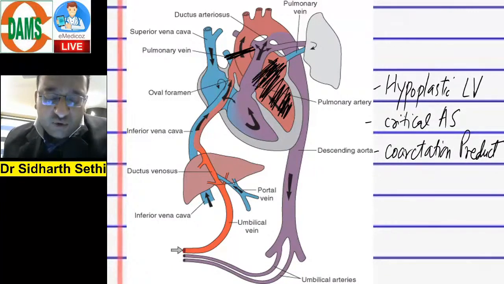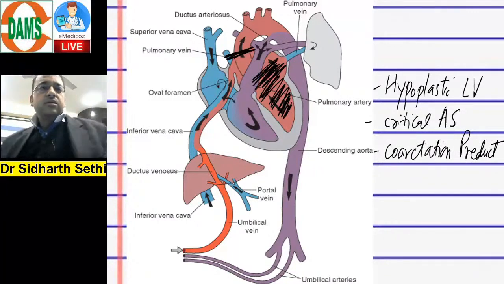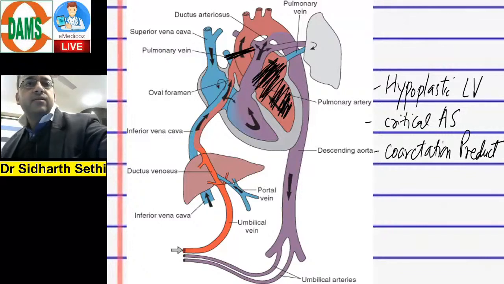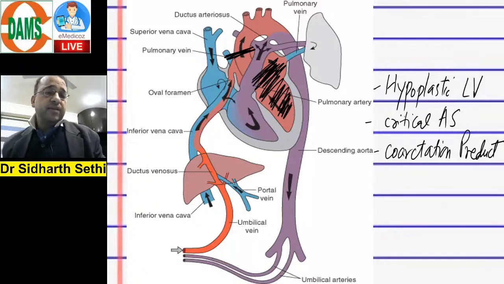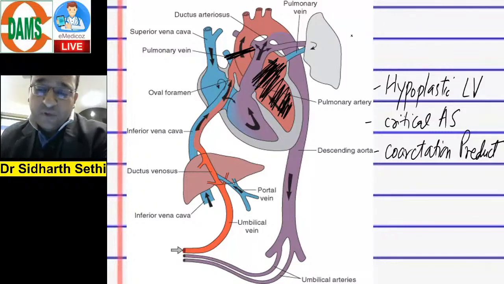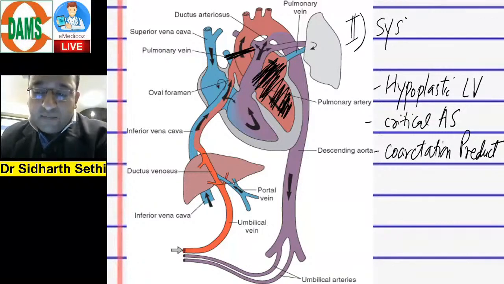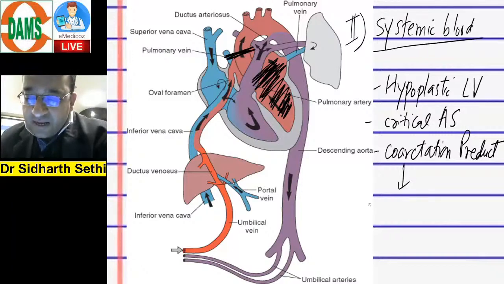Now all of you, as soon as the baby is born, there is no blood to the systemics. The systemics are not getting blood. So the systemic blood is given by the ductus arteriosus. So please remember all of you, number 2, systemic blood flow dependence, the left side problems, they present with shock.